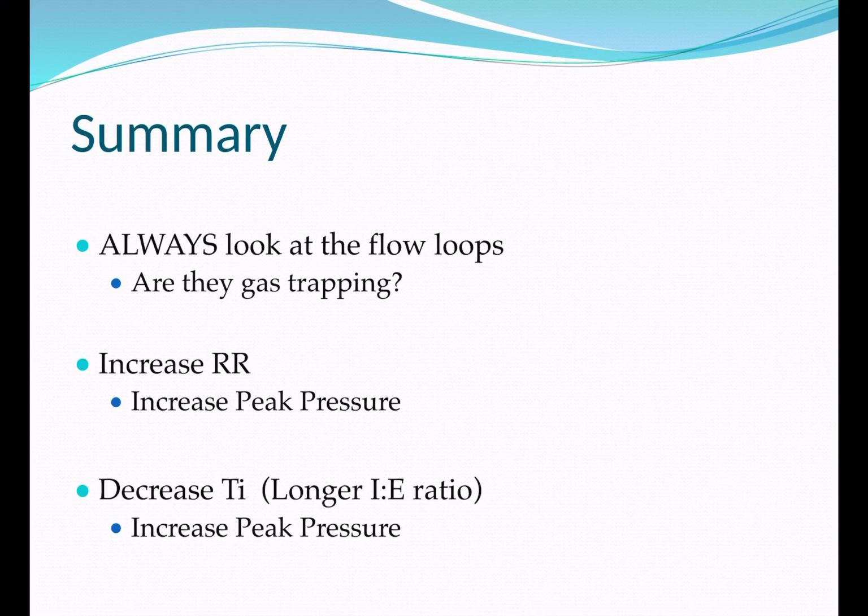If you increase the respiratory rate, you are going to have to increase your peak pressure because you're giving less time for the volume to be achieved if you're keeping the same I to E ratio. If you decrease your TI, then you get a longer I to E ratio, but again, you're going to increase your peak pressure. So you get nothing for free. You've always got to balance the 2 bits out.